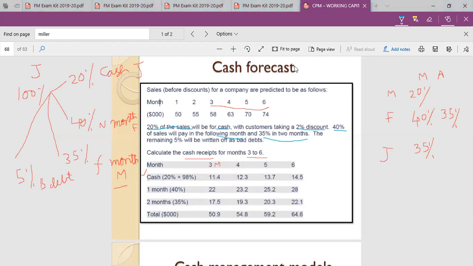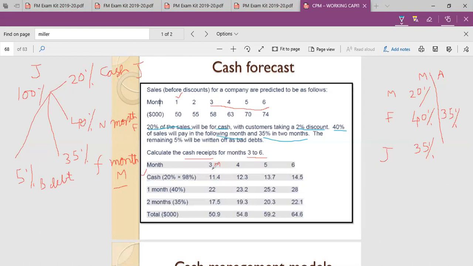Okay. After the cash sales, the collection part of it is taken up. So let's start with the third month. As much as it will start from the first month, first month, 20% in the first month, then 40% in the second month, and 35% in the third month.